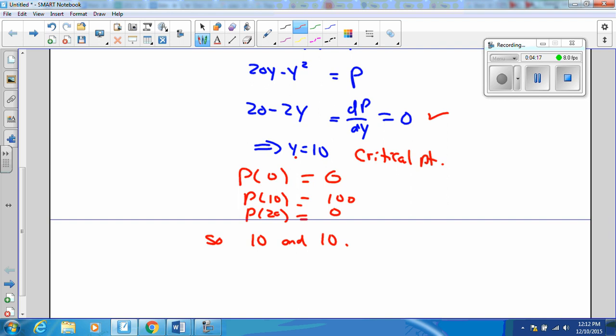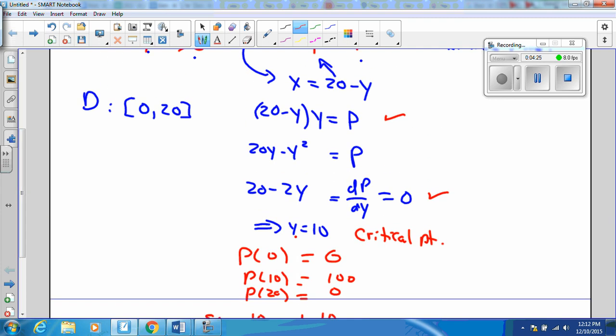Does this make sense? Let's see, work it out. How did you get 100 for P of 10? You can get it either in the factored form here, 10 times 10, or in the non-factored form, 200 minus 100. It's not P prime. Is that what you were looking at? Oh, yeah. Classic mistake. Everybody does it at least once in their life.